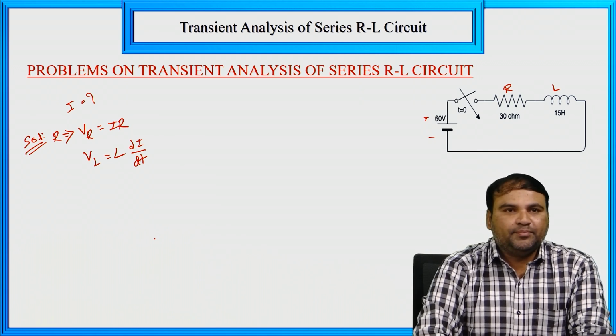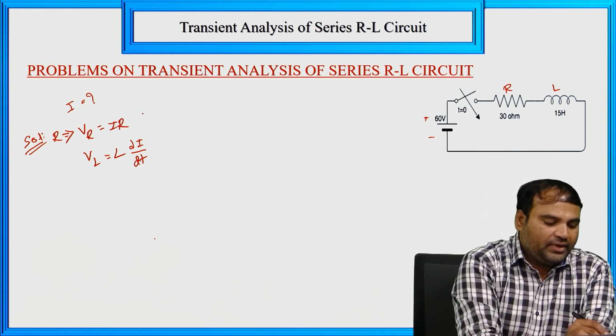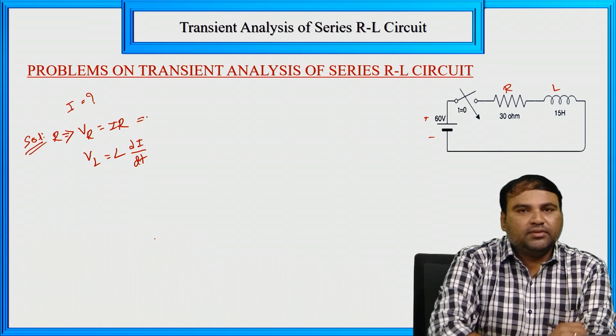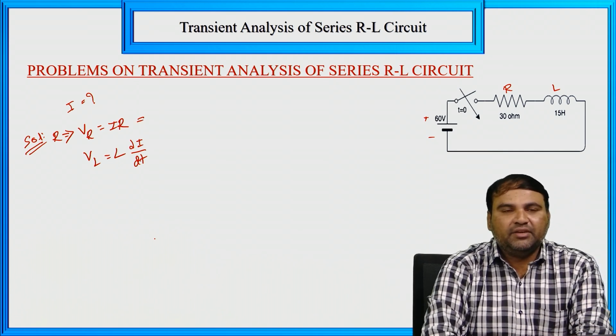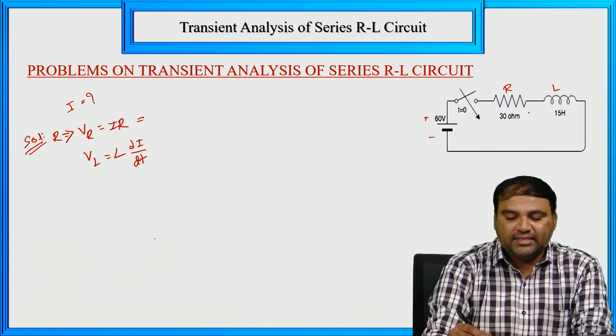Here the current I is common, but we are having different voltage drops at resistor R, that is VR, and at inductor L, that is VL.